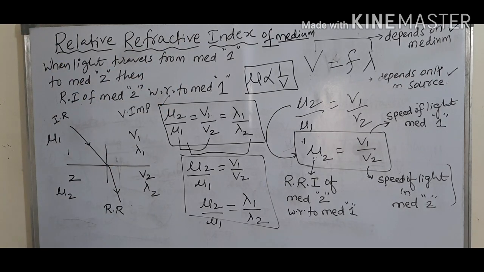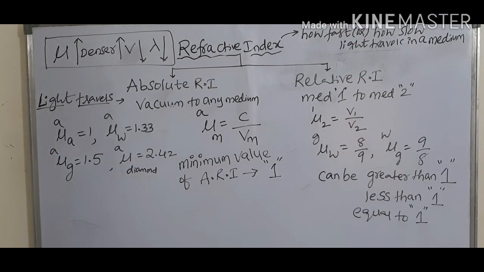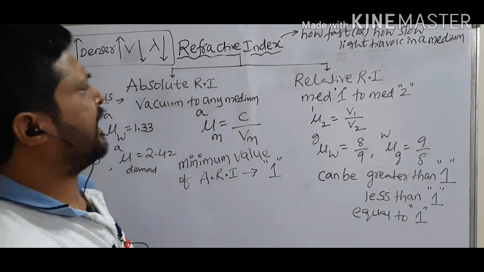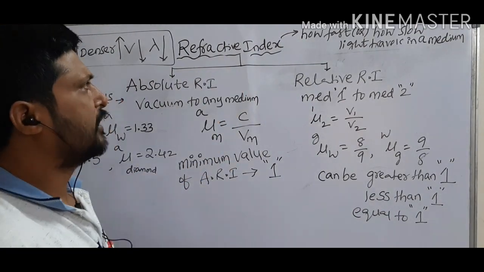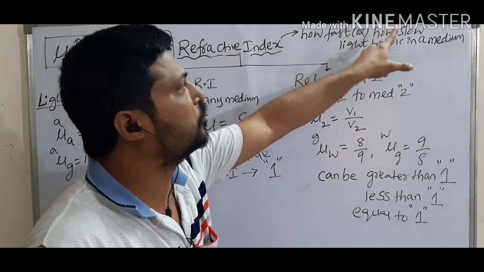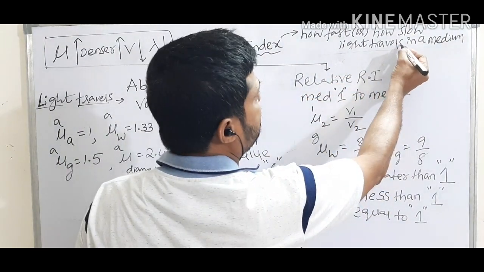Okay students, pause the video and note down all the points. Conclusion of refractive index: what is refractive index? It is how fast or how slow light travels in a medium.